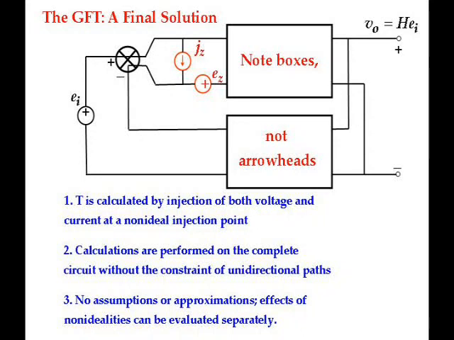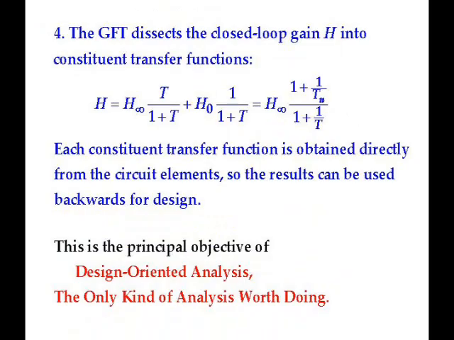Three, no assumptions or approximations are made, so the non-idealities are included. If the voltage and current test signal injections are made at the error signal summing point, effects of the non-idealities can be evaluated separately.